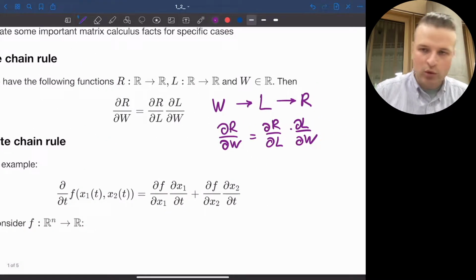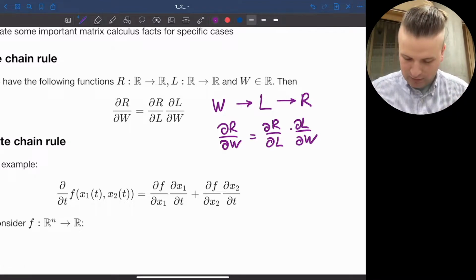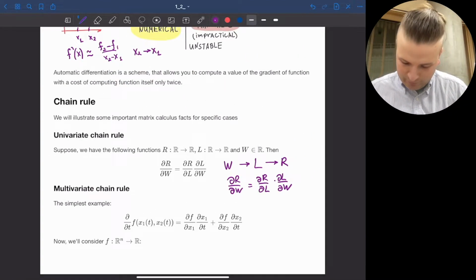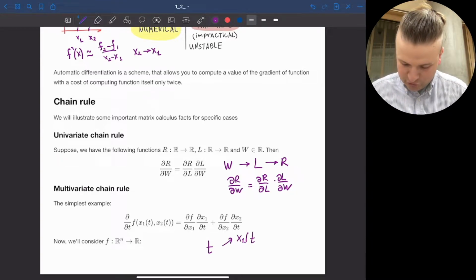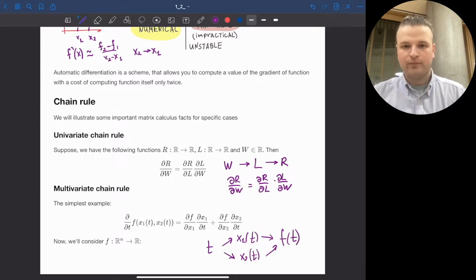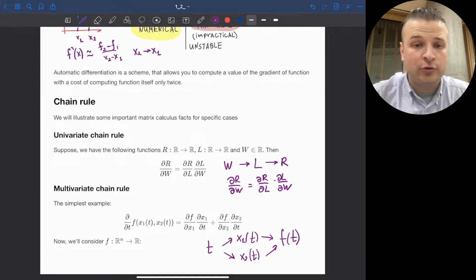Suppose we increase the dimension here, and we have this t as an input. Then it goes through these two functions, x1 from t and x2 from t. Then it goes to the overall output f from t.